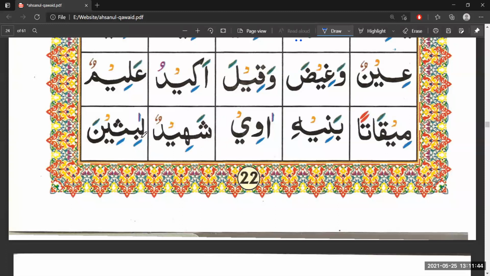Last one. لام standing فتحة لا با كسرة بي ثا يا كسرة ثي and نون فتحة ن. لابثين.